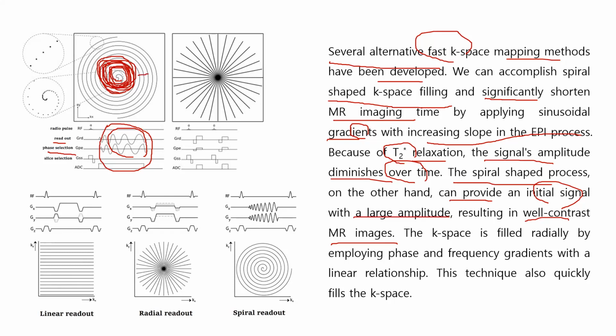So as time goes on, we can get the outer signal. So the center signal has largest intensity, so we can get well contrast MR image using this spiral type mapping process.